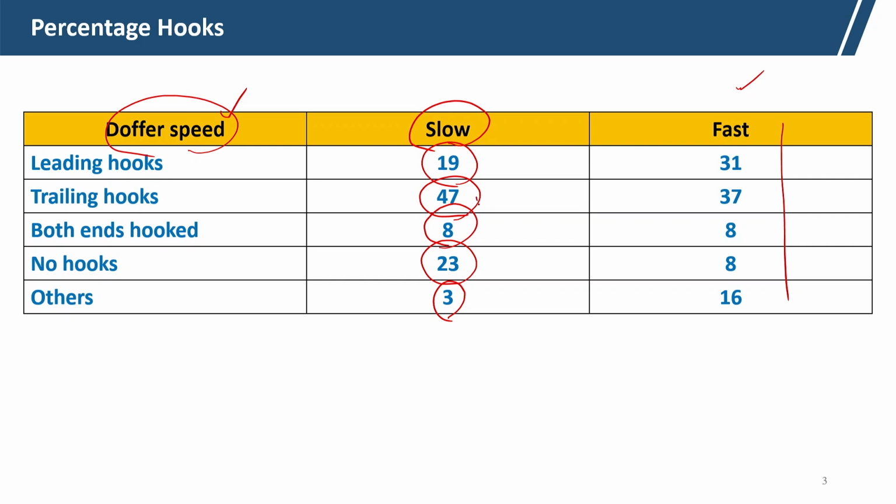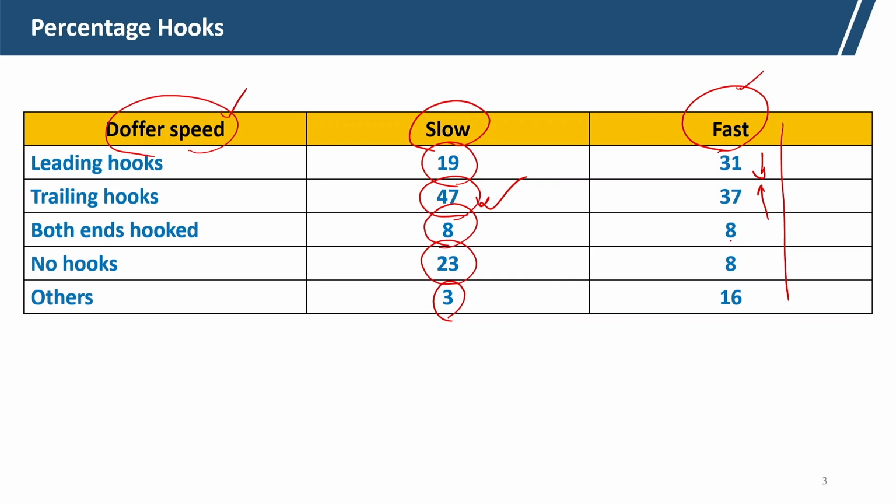So, the trailing hook is maximum in the case of slow speed. But for a high production card, where the speed is increased very high, the leading hook increases to approximately 31% and the trailing hook reduces.